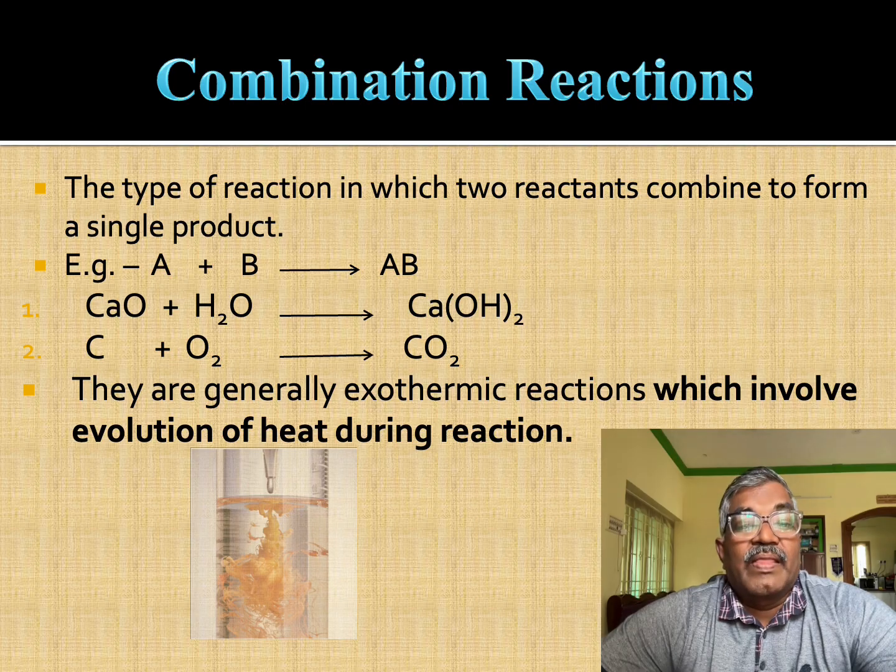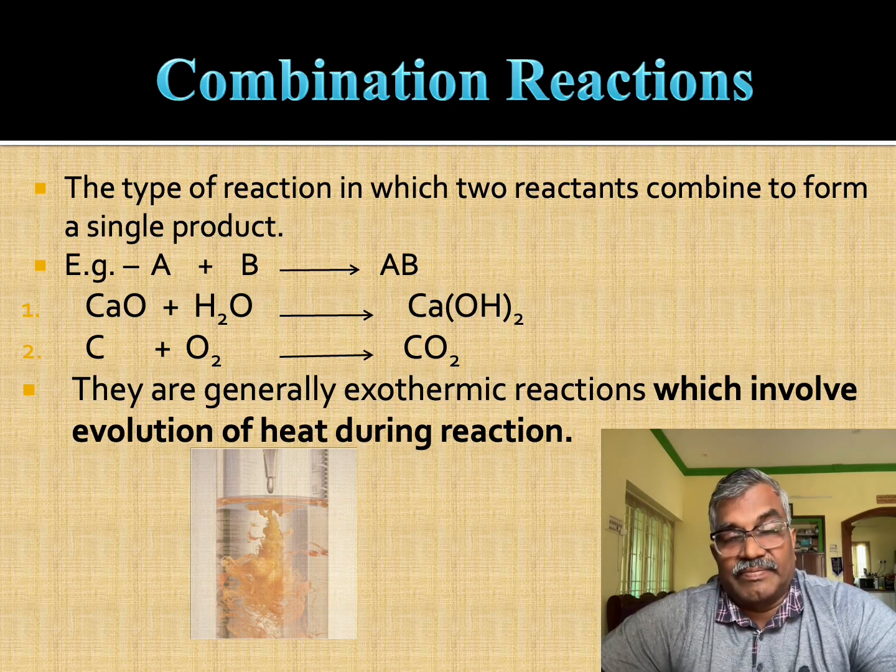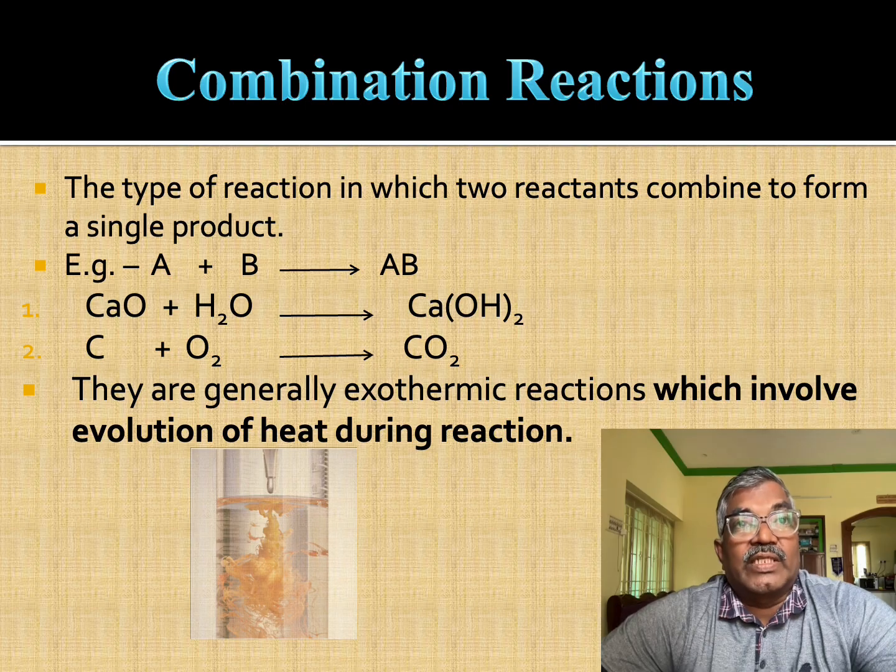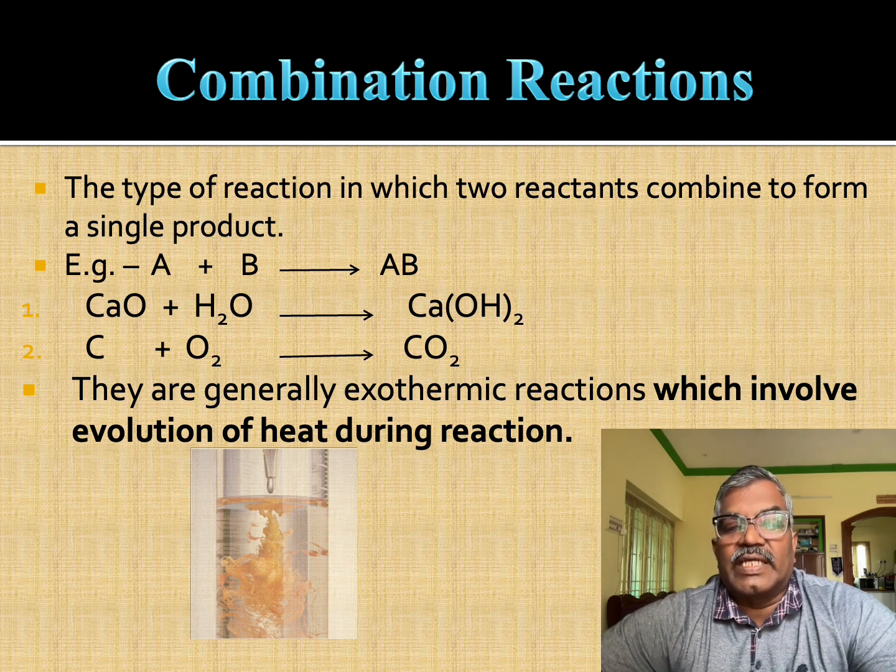Here one more thing I want to explain: combination reactions are generally exothermic reactions. Already I told you thermo means heat, exo means heat is evolved. The reaction in which heat is evolved during the chemical reaction is known as an exothermic reaction.